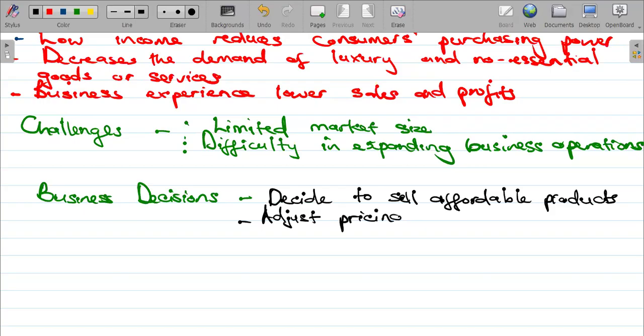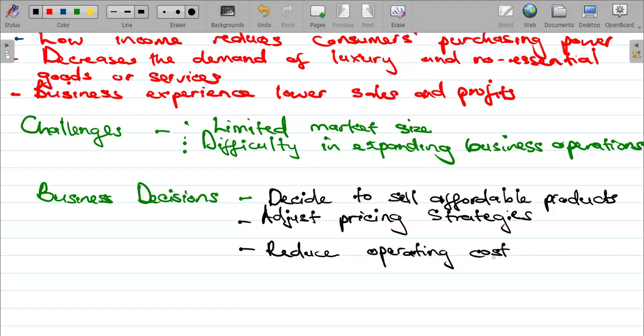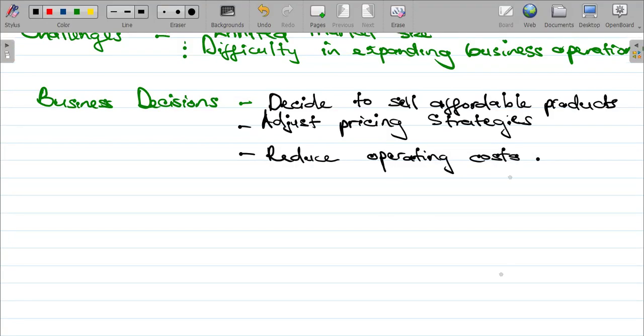Or it can reduce operating costs so that it can produce quality products at a lower price, right? An example would be a clothing retailer that sells more basic clothing instead of expensive designer brands.